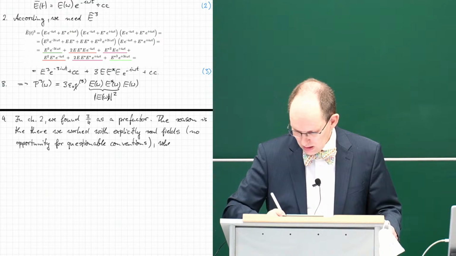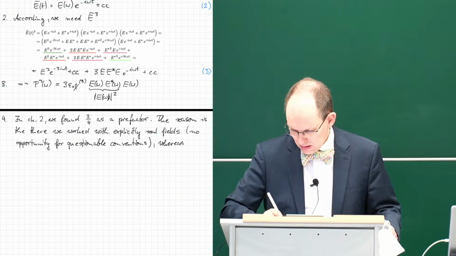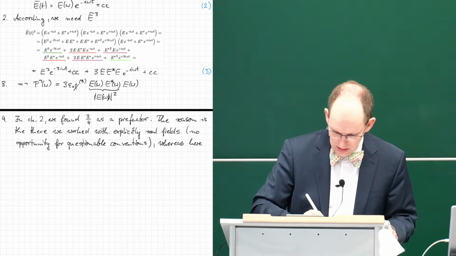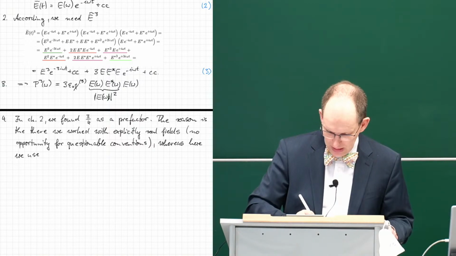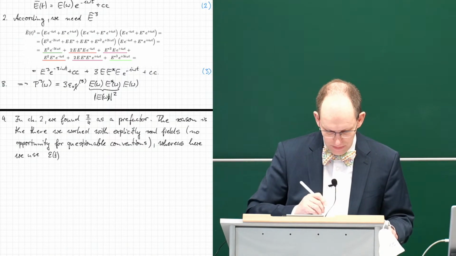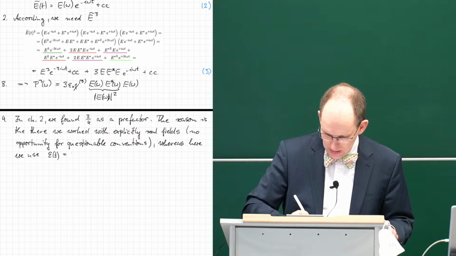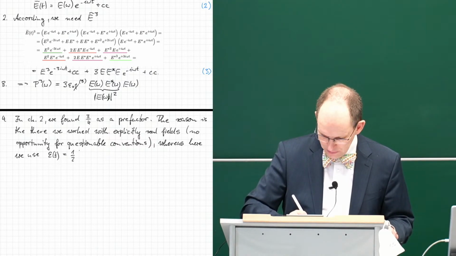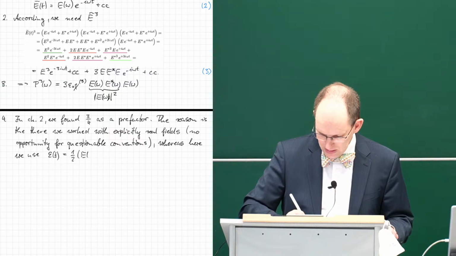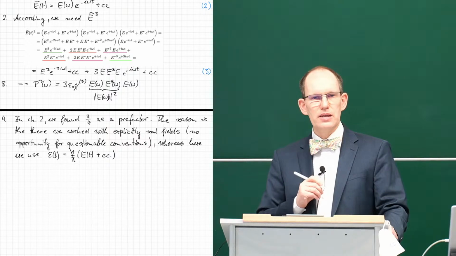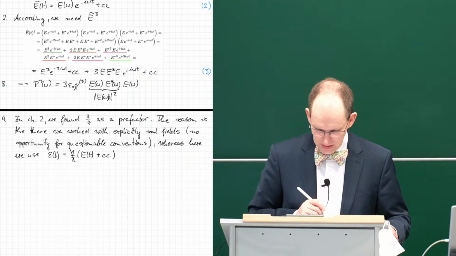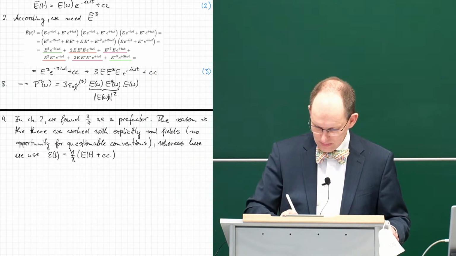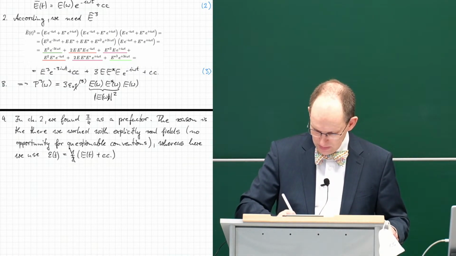Whereas here, we use E of t, so the explicitly real field is equal to, well, in principle it should be 1/2, but we actually don't do this, so we leave this factor 1/2 out. Which is questionable.